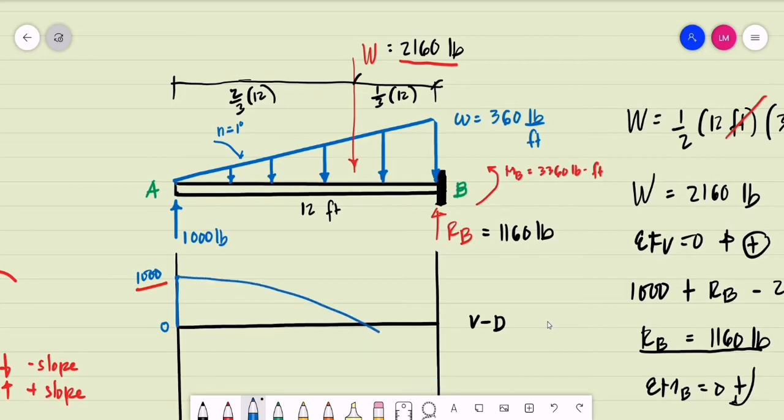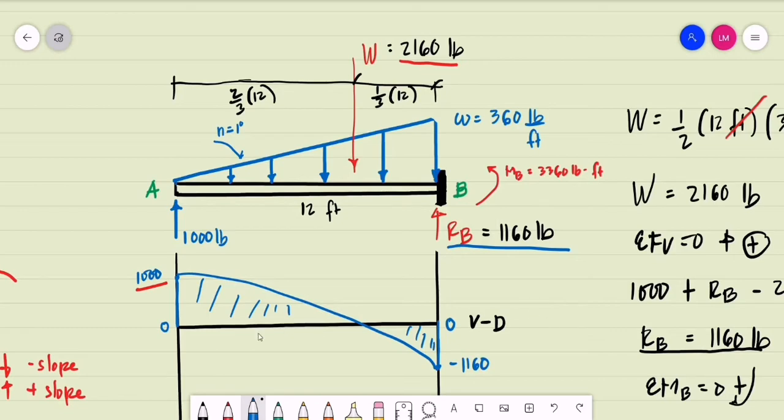Okay, the magnitude of the remaining shear at B will be equal to negative 1,160. But at point B, we have an upward reaction of 1,160 pounds. So we do the summation. Negative 1,160 plus 1,160 will give us 0 for equilibrium. So this will be our shear diagram.